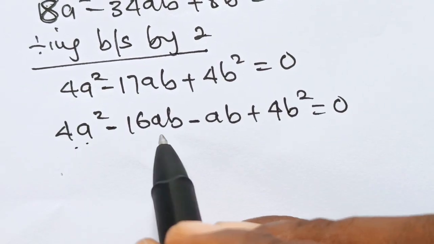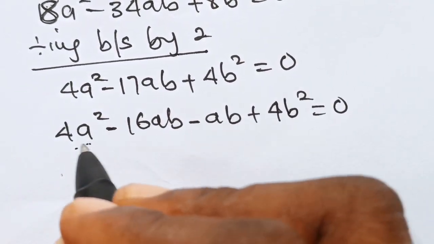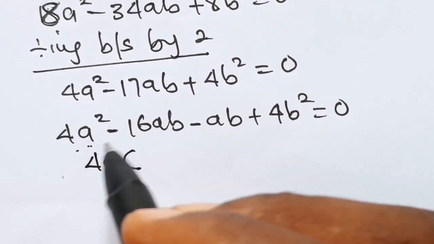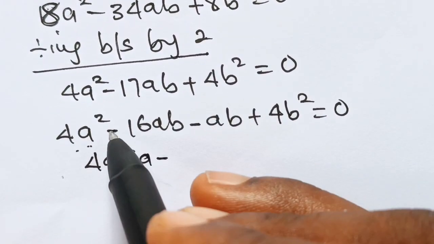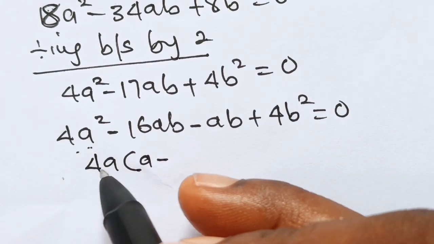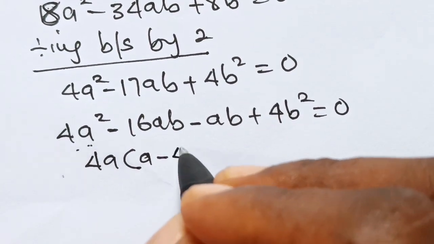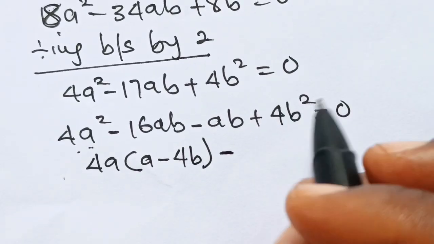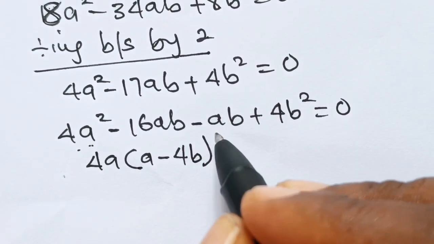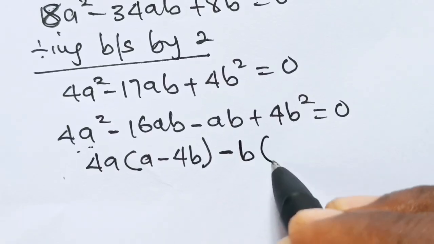So this and this, what they have in common is 4a. 4a squared divided by 4a, we are left with a, minus 16ab divided by 4a, we are left with 4b. Now here we have minus 1, what they have in common is minus b.